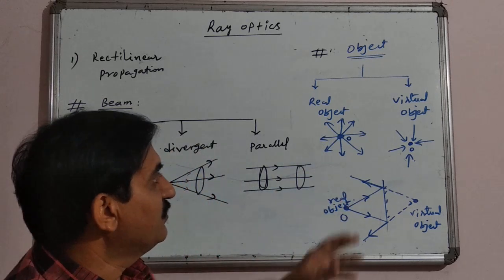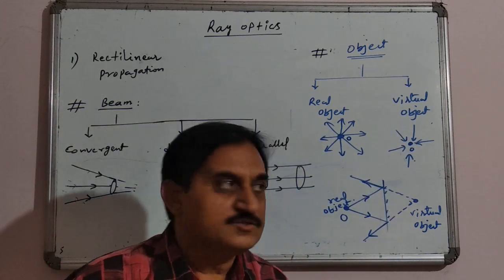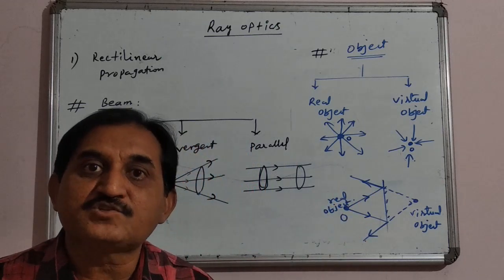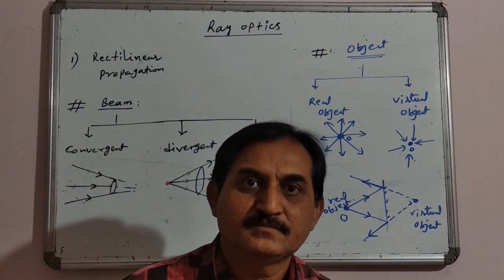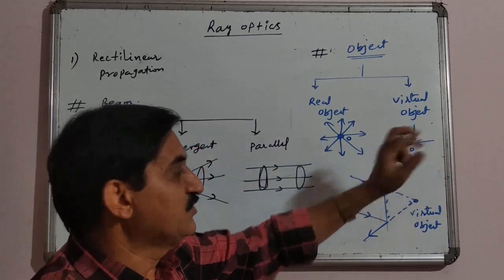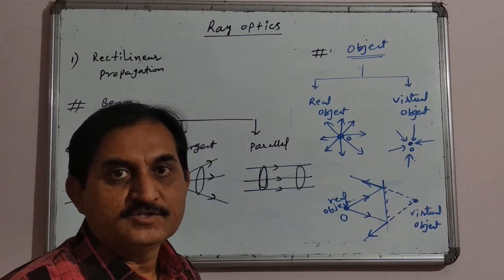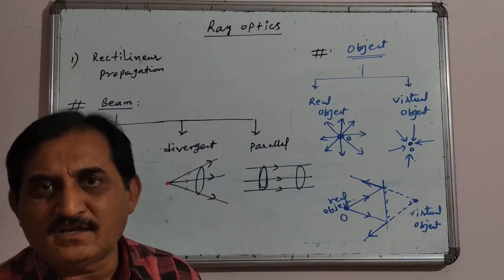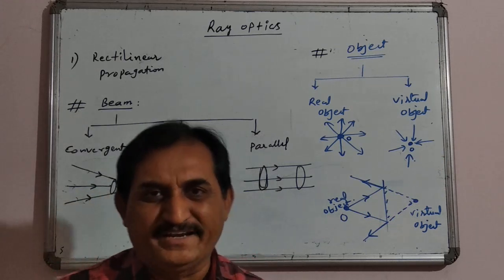Now go for the virtual object. In this case, light converges to a point. The point of convergence is taken to be a virtual object. Keep this in your mind, it's a very important point.